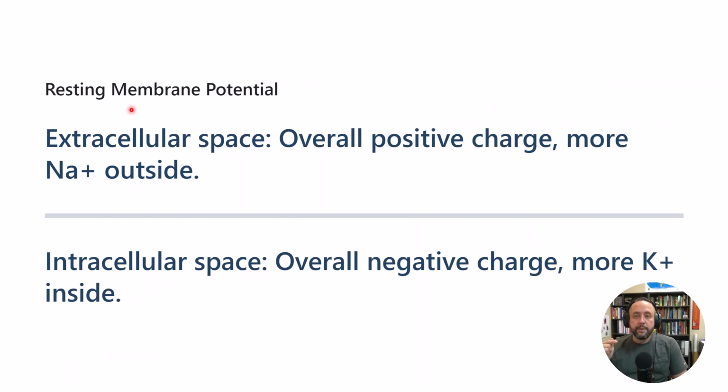Also, sodium, this Na, is generally more abundant and more concentrated outside of cells in the extracellular space. If you cross your cell membrane and go down into the inside of the cell, the intracellular space, this is where the cytosol is and the jelly of the cell, there's going to be an overall negative charge to this environment.